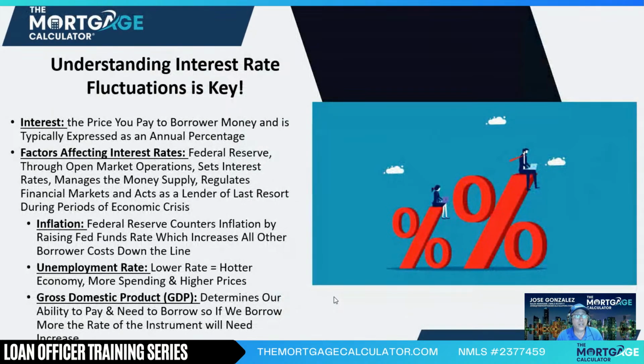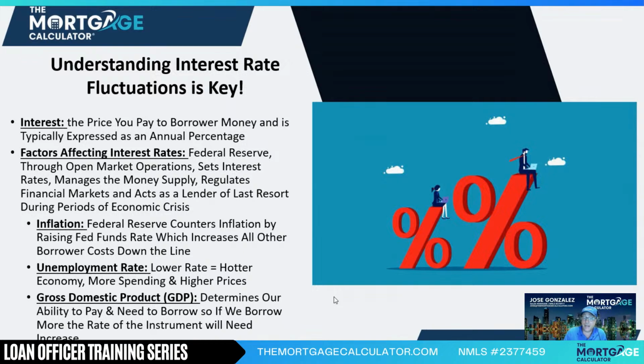So we recently had our presentation on understanding market fluctuations, interest rate, and what causes it. So I'm going to condense that down to one slide here, because as we discussed in that presentation, understanding interest rate fluctuations is key, right?